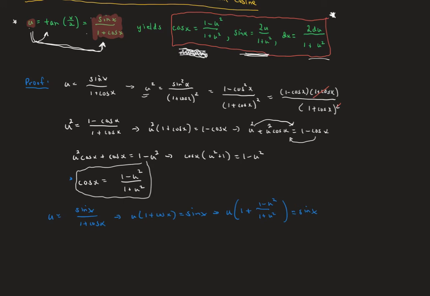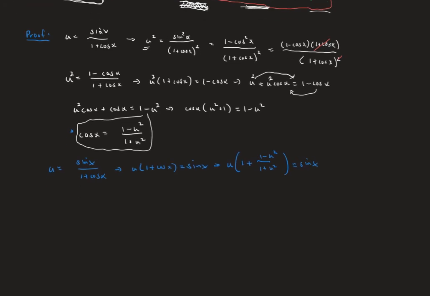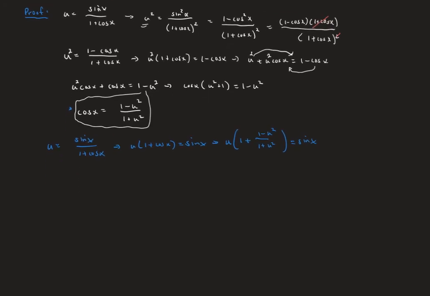So then we can get a common denominator inside that parentheses. So we have u times 1 plus u squared over 1 plus u squared plus our 1 minus u squared over 1 plus u squared is equal to sine x.